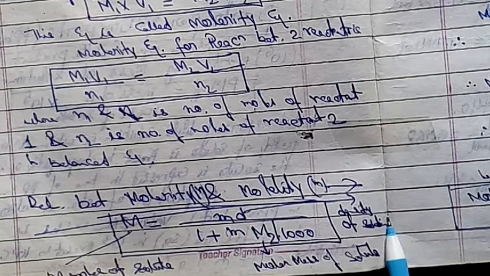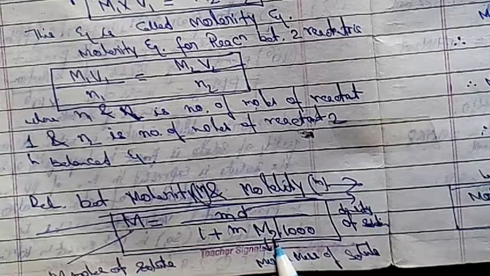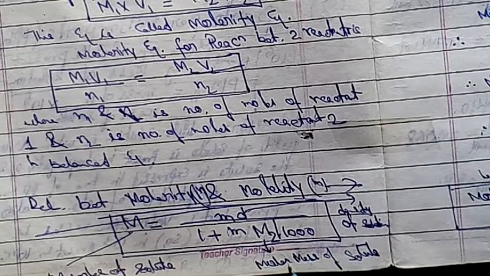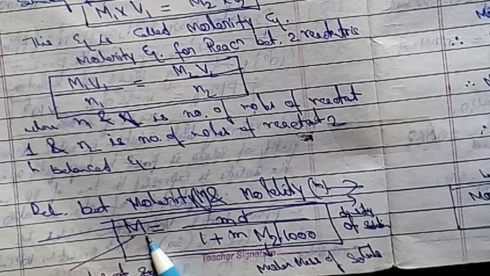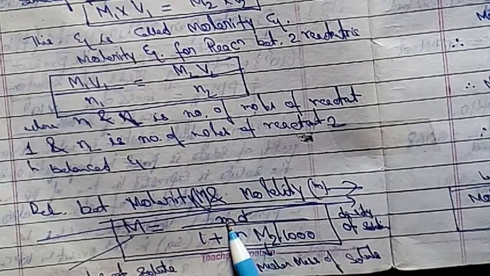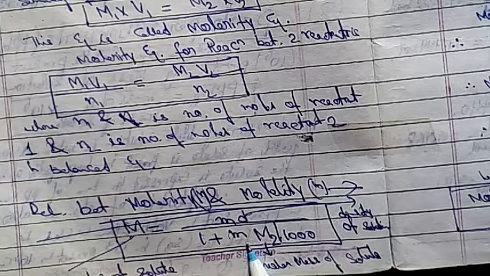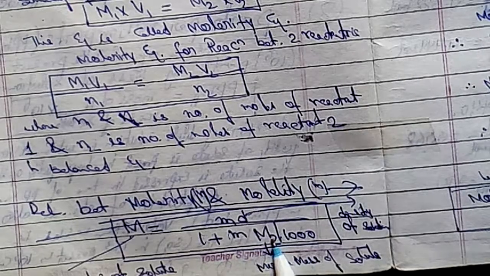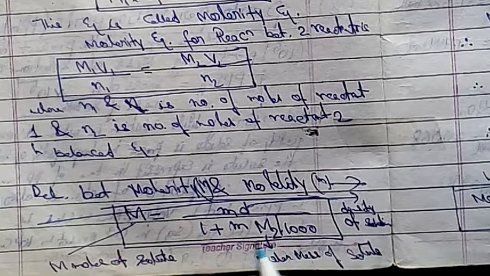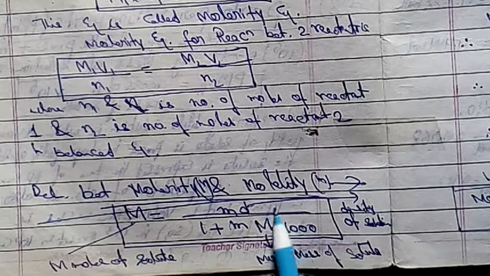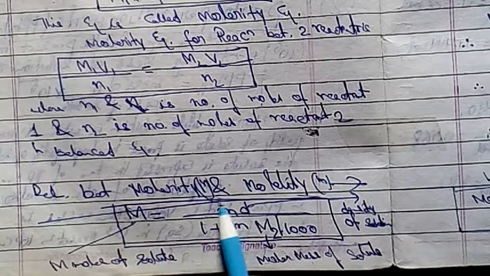D stands for density of solution, M stands for molarity, small m stands for molality, and M2 stands for molecular mass of solute. With the help of this formula you can get the relationship between molality and molarity.